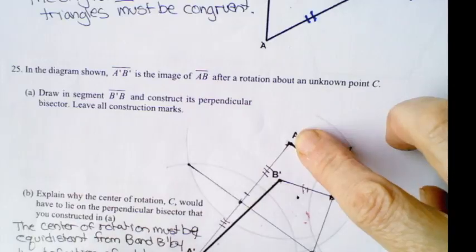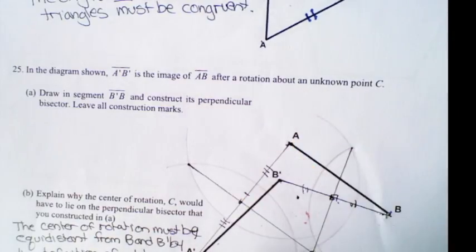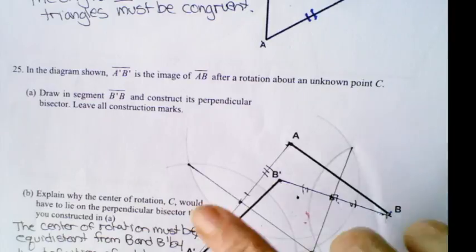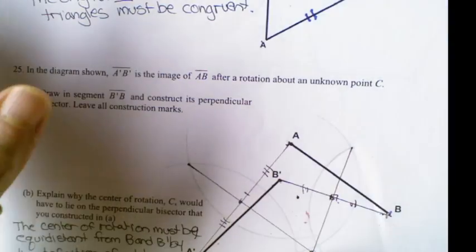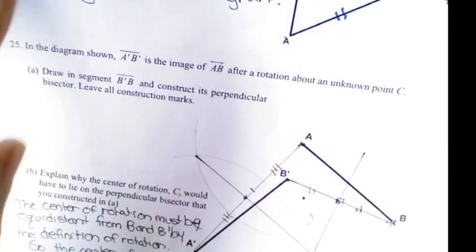Over here, A and A prime, again, A ended up going here. How did it flip over to the other side like that, or rotate there? We find the bisector. Where the two bisectors meet, which we labeled C, that now is your physical point in space that you can lock down and spin your paper around if you need to see what's happening.